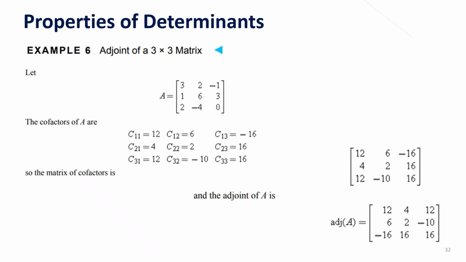Okay, here we try to calculate the cofactor matrix of this 3 by 3 matrix A. Take the first one as an example: C11 is minus 1 to the power of 2, multiplied by the determinant of the matrix with rows 6, 3 and minus 4, 0.